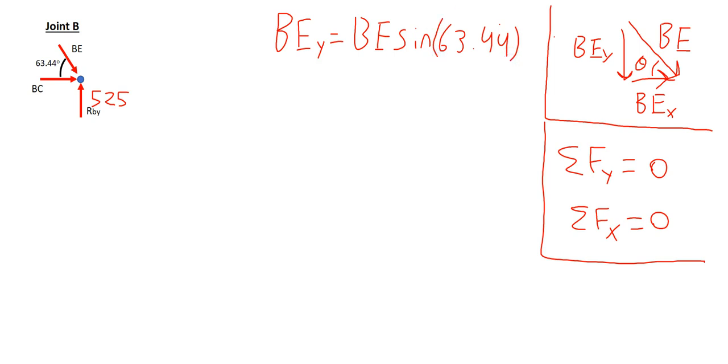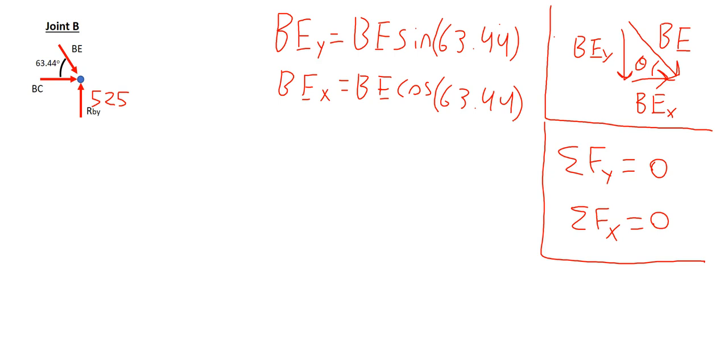And since BEX is adjacent to the angle, we get that BEX is equal to BE cosine of 63.44 degrees.